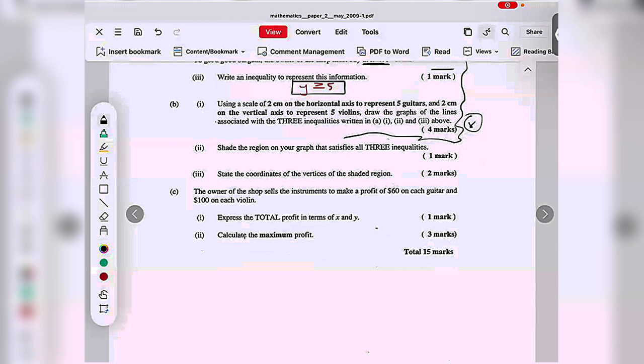Now it says using a scale of 2 centimeters on the horizontal axis to represent 5 guitars and 2 centimeters on the vertical axis to represent 5 violins, draw the graphs of the lines associated with the 3 inequalities written in a-i, a-ii, and a-iii above.